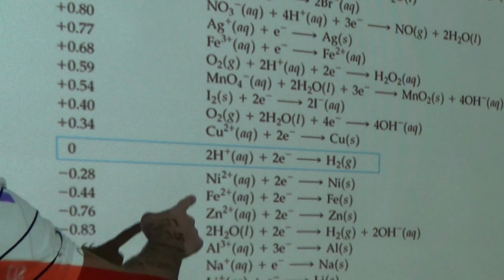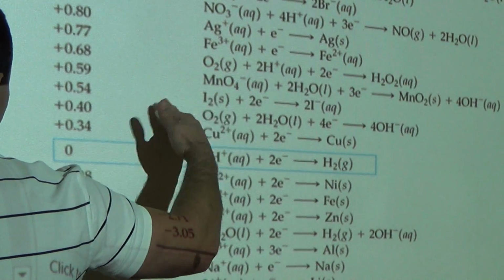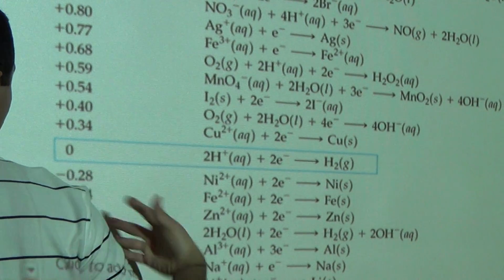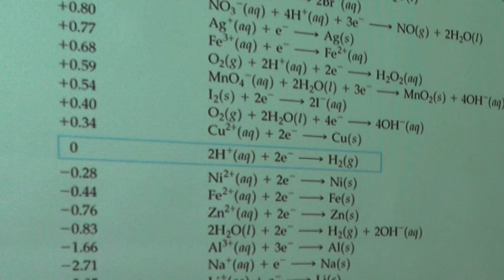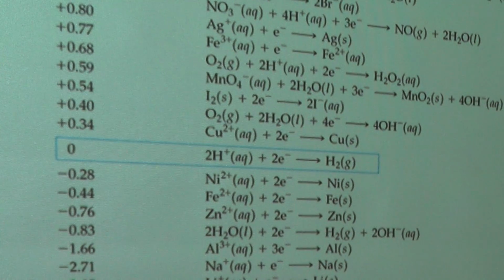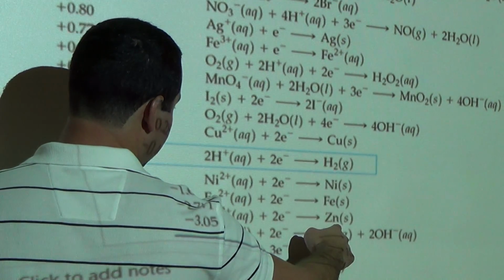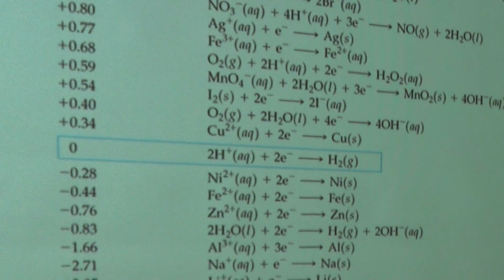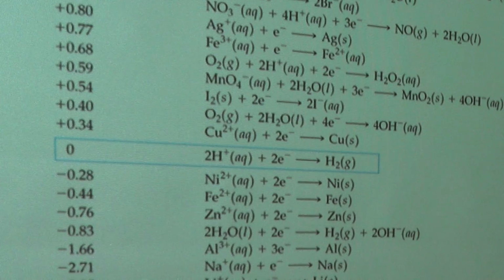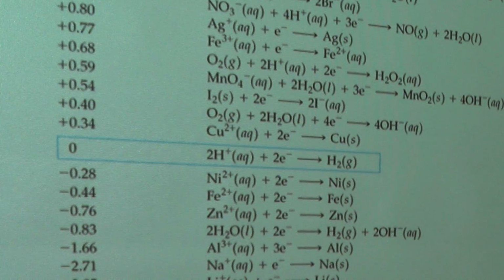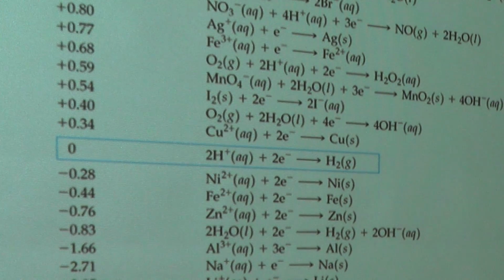Copper 2 plus. The stronger oxidizing agent is on this side. But which one is the strongest reducing agent? The opposite. It's not this on this side, yes? Reducing agent is that: zinc solid. Okay? So on one side will be the oxidizing agent, on the other side the reducing agent.